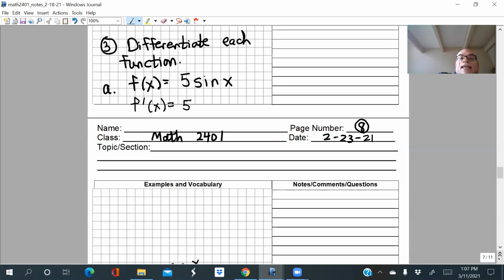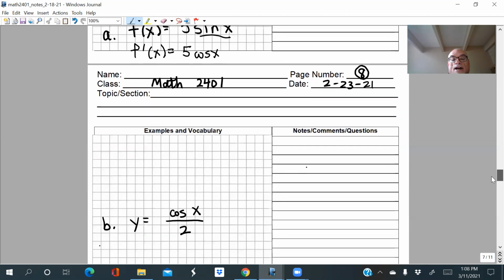That will just stay in the derivative as 5. So the only thing you really have to differentiate here is sine of x. And we just learned what the derivative of sine of x is: cosine x. There you have it. So it's just easy. The derivative of 5 sine of x is 5 cosine of x. Just that simple. So you see, you're going to like that one. That one's just so easy.